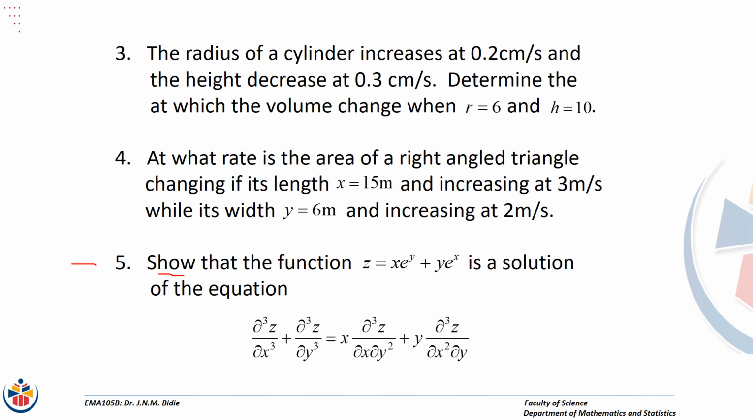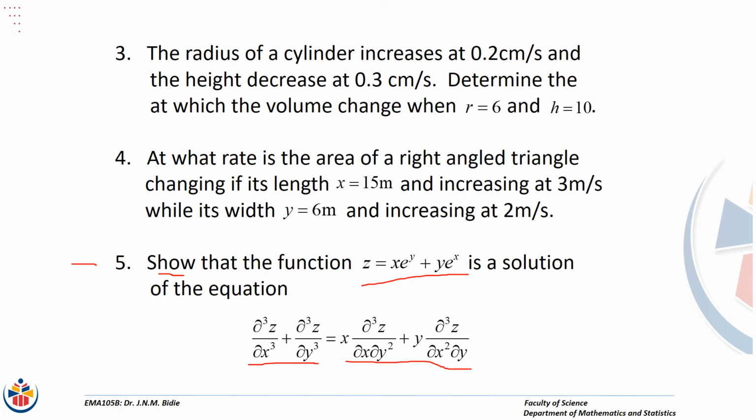In order for you to be able to show it, it means you substitute it into the equation. So you have to take the left-hand side first, substitute the given z, do the derivatives and simplify, and see what you get. And then thereafter, you take the right-hand side, you do the same.